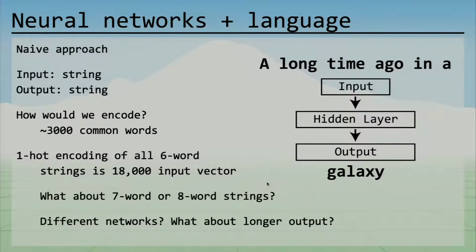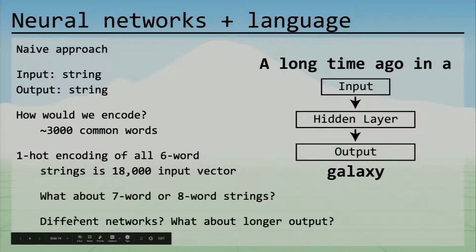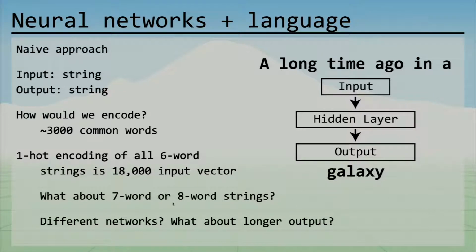We also just want something that works a little bit more general purpose. If we're only looking at the 3,000 most common words, we'll be able to capture a lot of language, but we won't be able to capture a lot of the edge cases that will start popping up as we look at a lot of different text. So what we really want is something a little more general purpose, that isn't specially tuned for 6-word input strings or something like that.